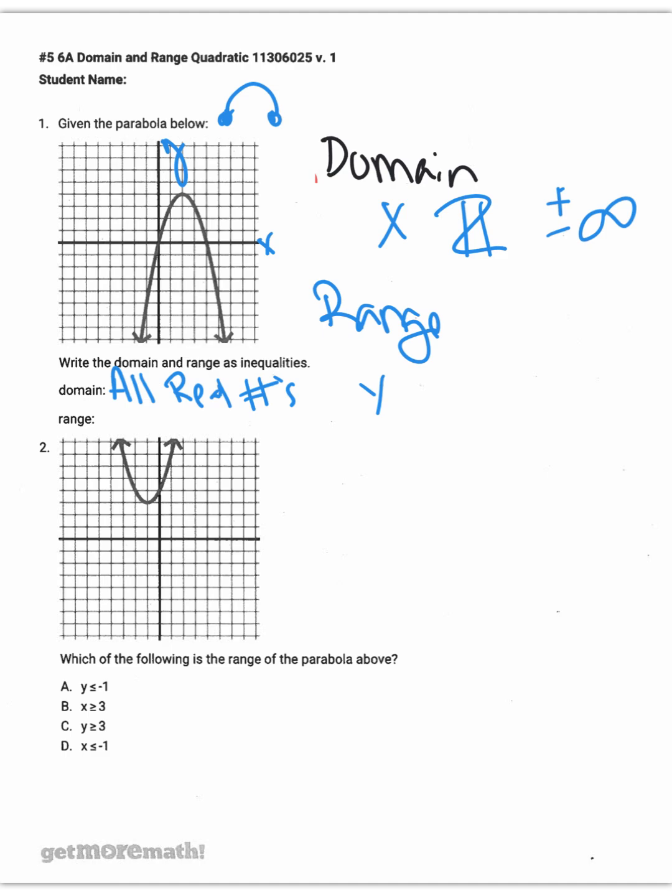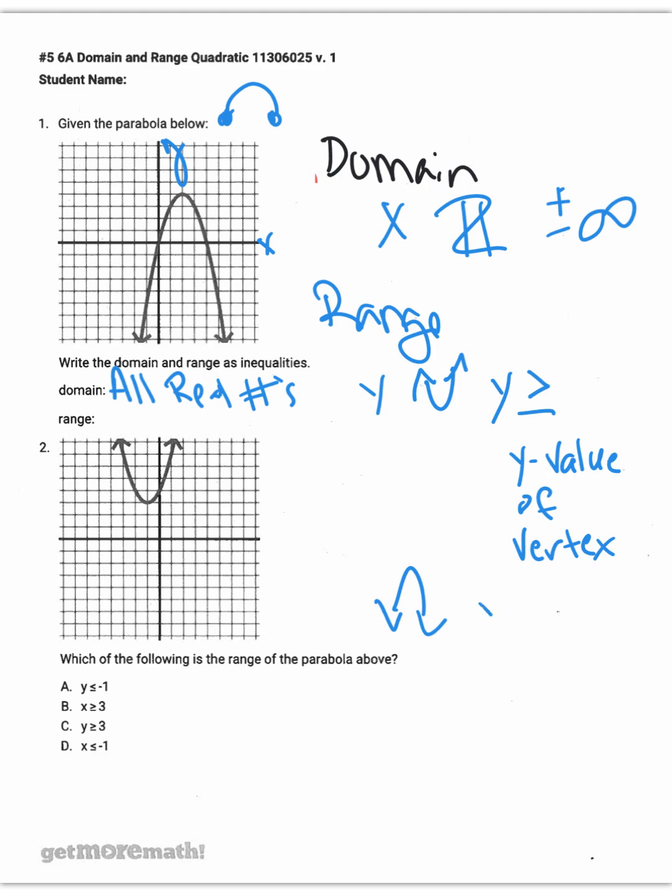So your range is, if it is going up, and that's the arrow, y is greater than or equal to the y value of the vertex. And if it's going down, y is what? What's the opposite of being greater?